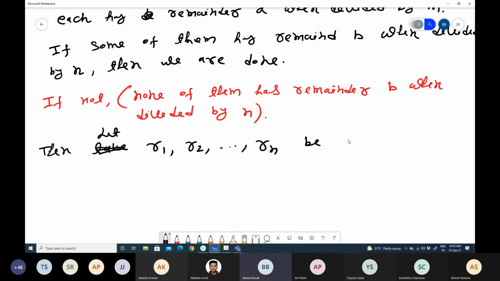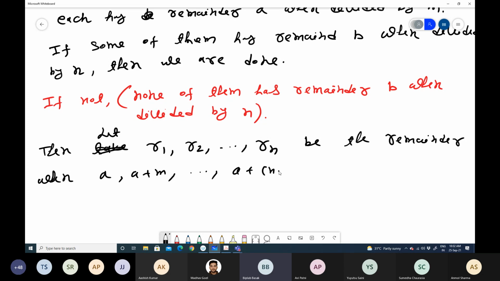Let these be the remainders when a plus m, up to a plus n minus 1 times m, are divided by n.